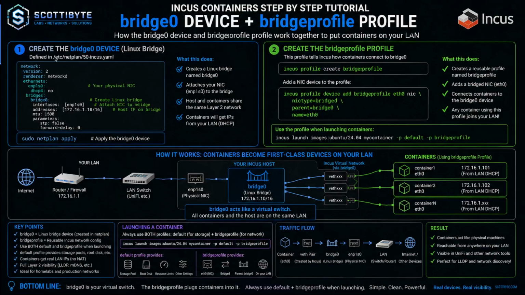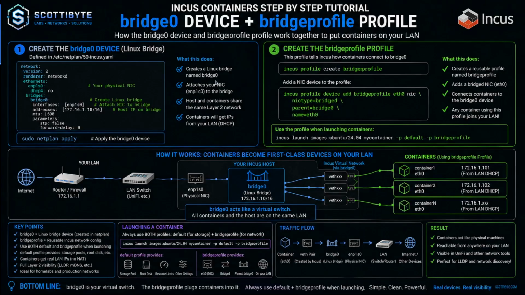So when we did that, we started by creating a software switch called bridge0. What that does is it creates a Linux bridge named bridge0, and it attaches the physical NIC to that bridge, and then the host and containers share that same layer 2 network, and containers will get IP addresses from your main LAN.